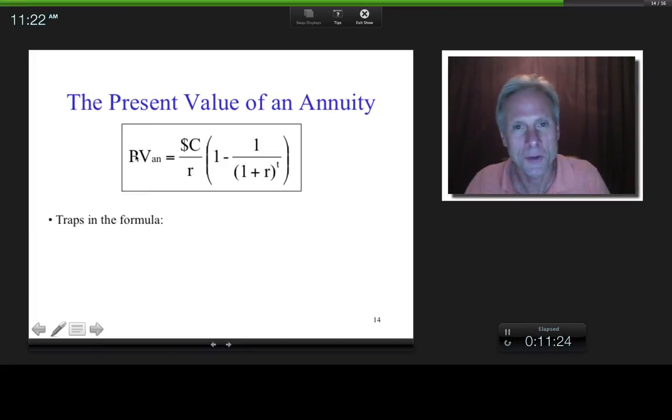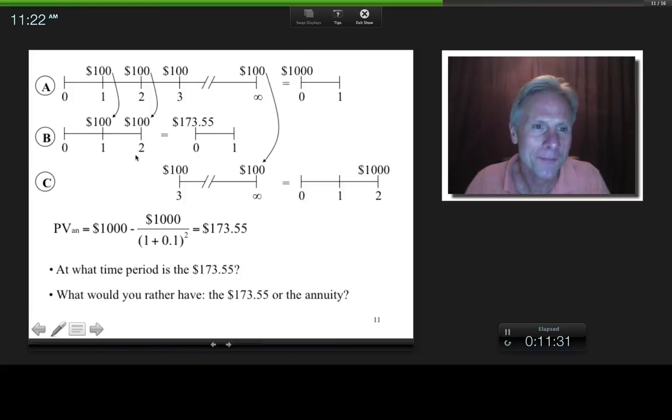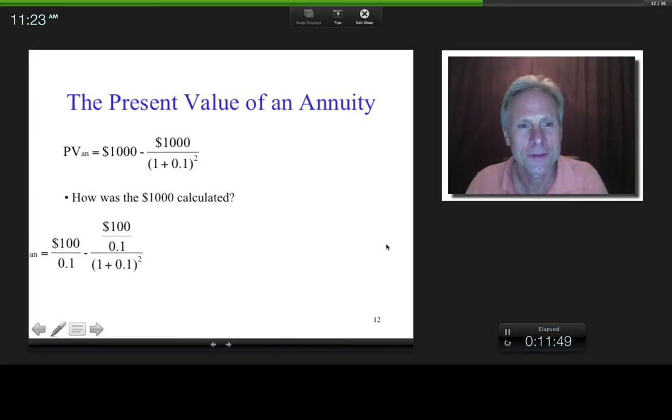It was 1 time period earlier, right? How do you know? Well, go back to the derivation. Let's do that real quick. Go back to the diagram. The first 100 was at time period 1. But we brought everything back to time 0, right? This 1,000 was at time 0, and we brought this back to time 0. So in other words, when you apply this formula, the solution is 1 time period earlier than the first 100.